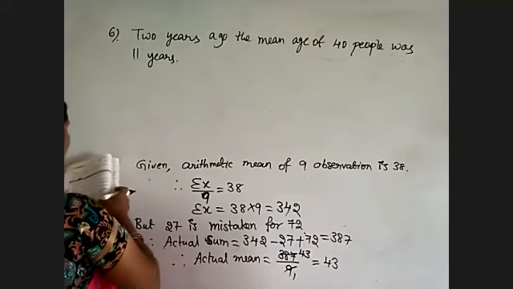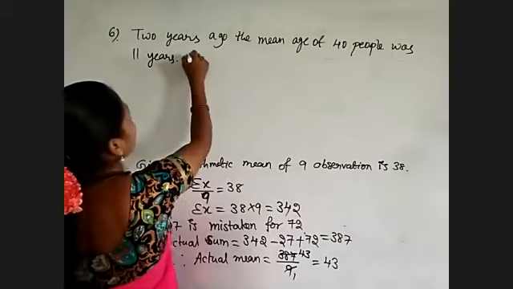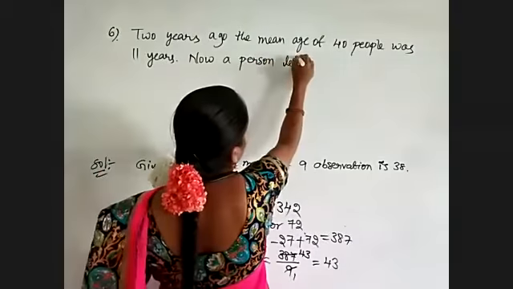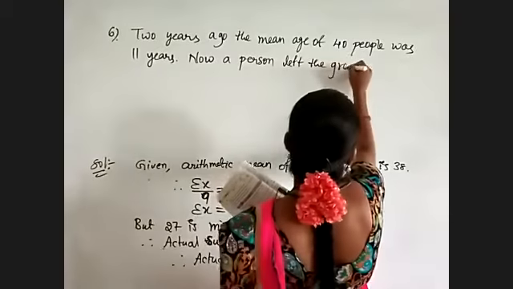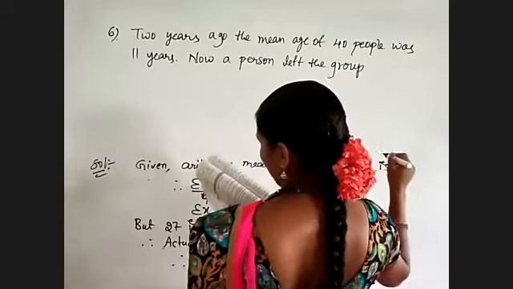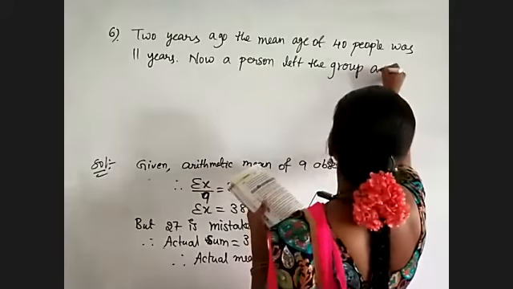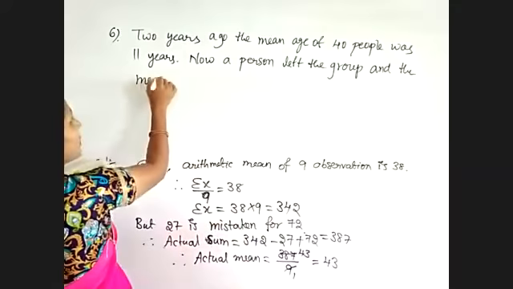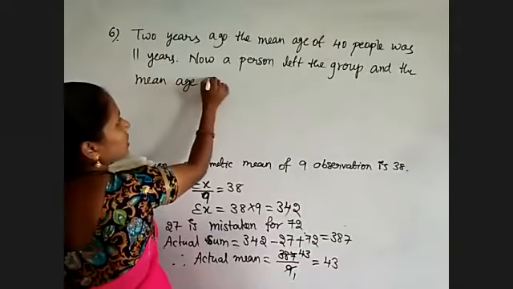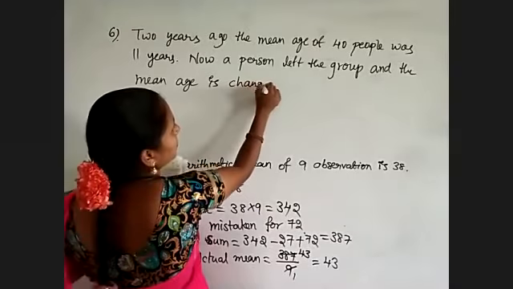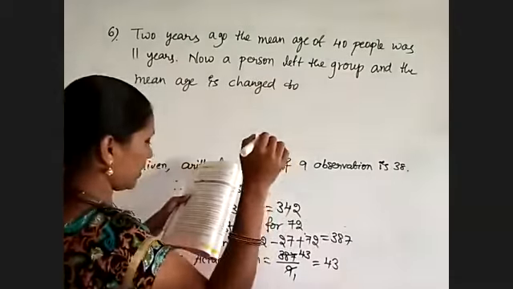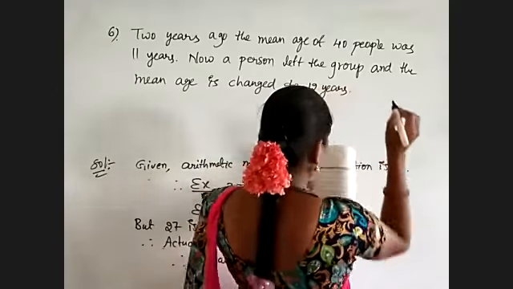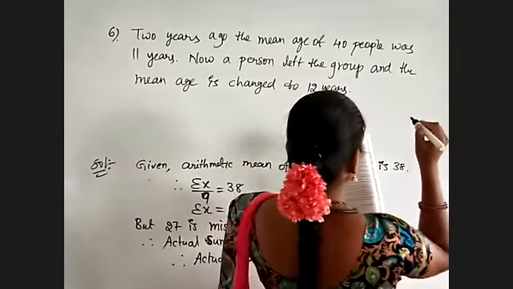Now a person left the group, and the mean age is changed to 12 years. Find the age of the person.